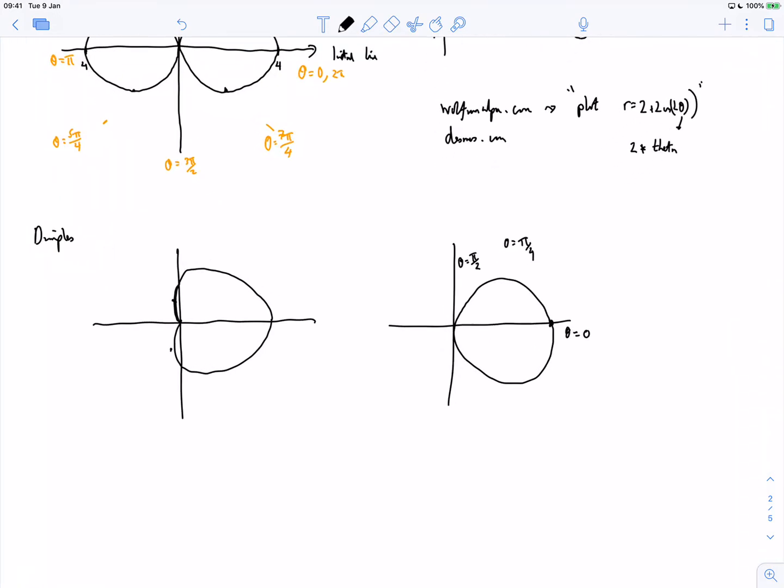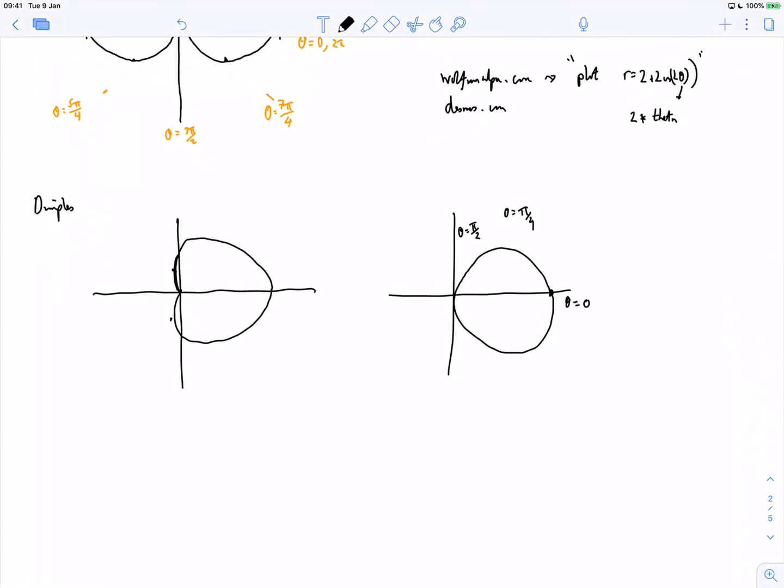Well, we can actually use calculus to determine what's going on here. So, put it this way. When we're back here, do you agree that if I was to draw a vertical line, that there should be 2 points that just touch that vertical line, if there was a dimple? And if I was to draw a vertical line back here, there should only be 1 point in which it touches.